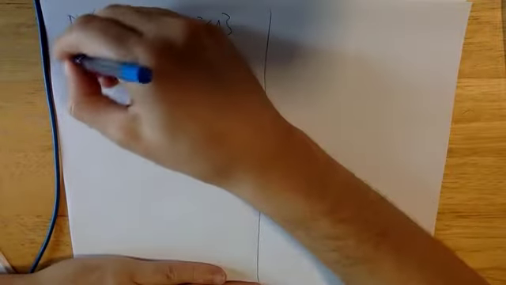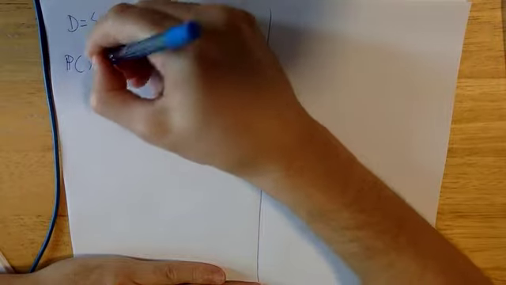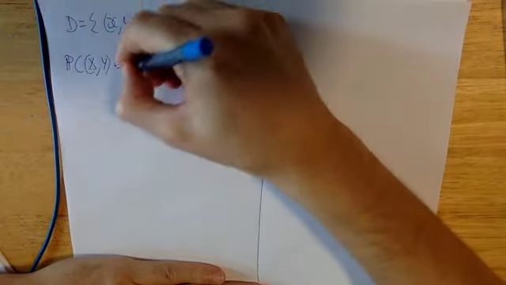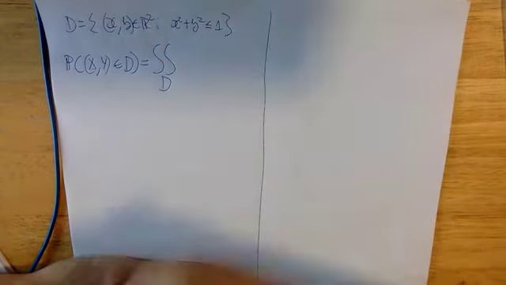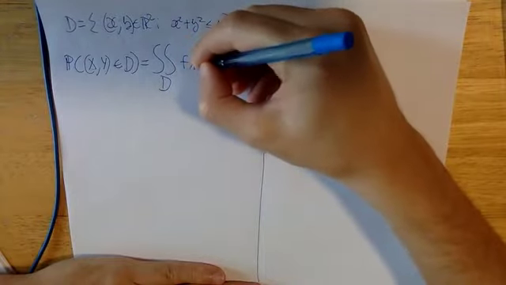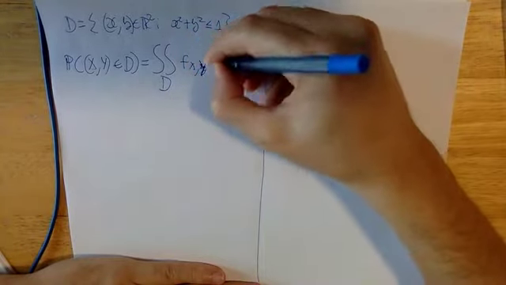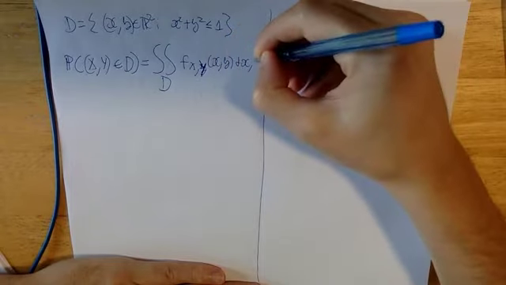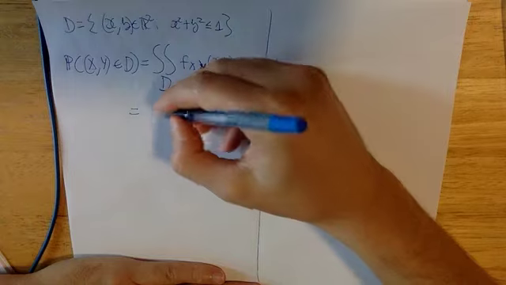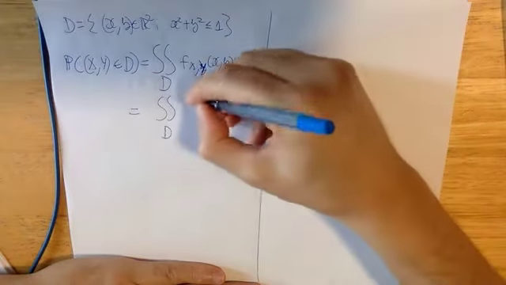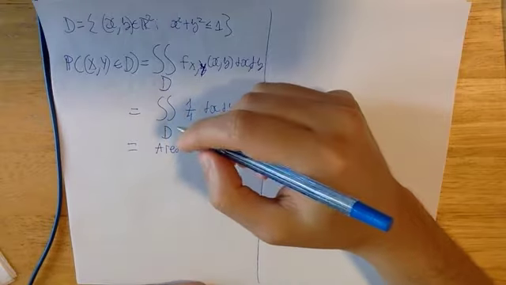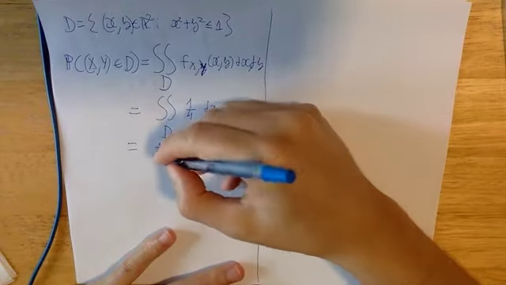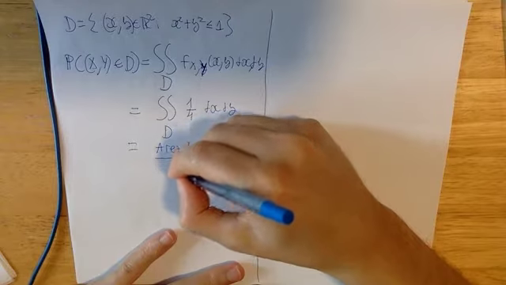Okay, so in particular, the probability that x comma y is in D is going to be equal to the double integral over the unit disk of f of xy dx dy, but this is just equal to the integral over the unit disk of 1/4 dx dy, which is just equal to the area of D over 4.